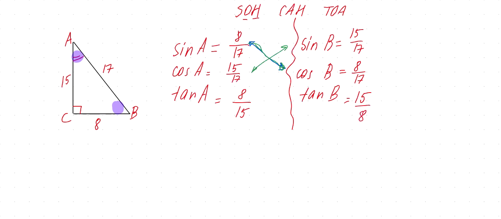Now let's look at another question. Again, I'm going to draw a triangle. In the next video, we're going to learn how to use trigonometric ratios on a calculator to find missing sides and missing angles.